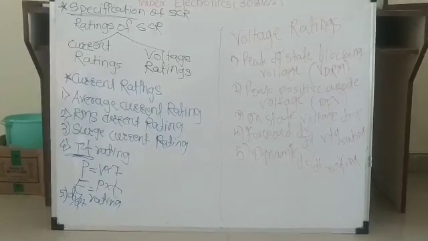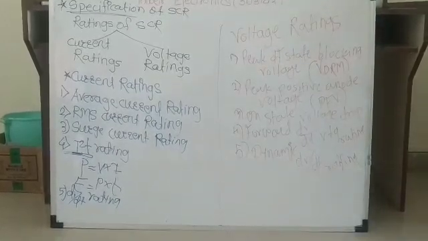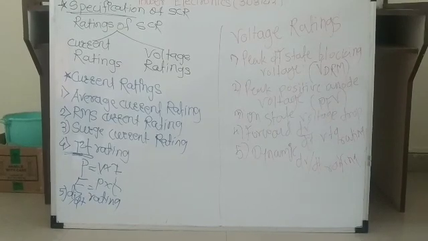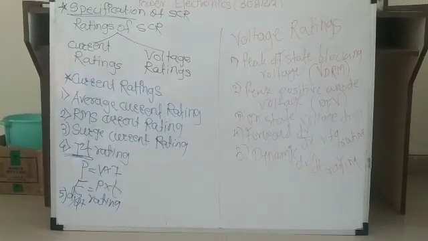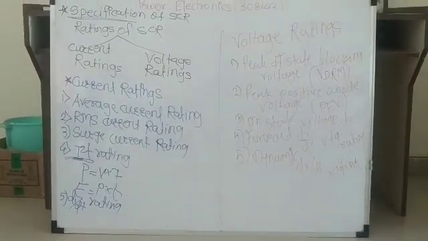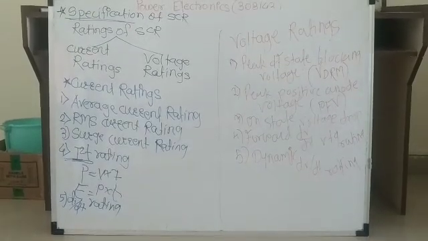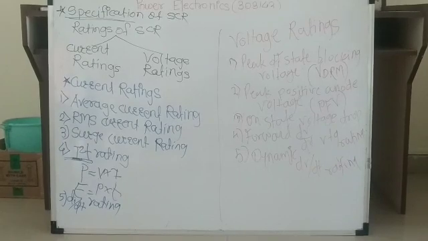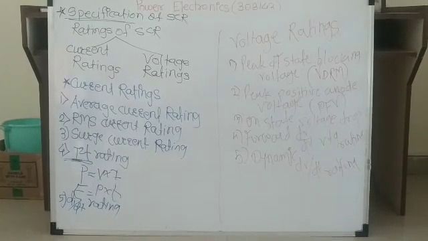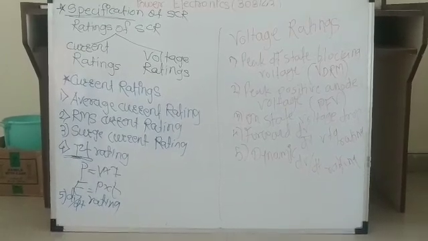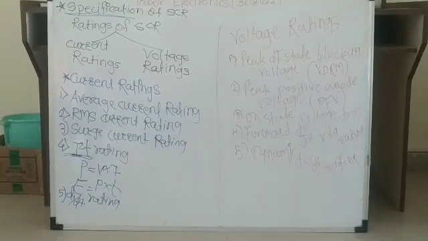It is defined as the maximum allowable rate of rise of voltage which will not cause failure of commutation and will not turn on the SCR when it is being turned off. This is called the dynamic dV by dt rating.